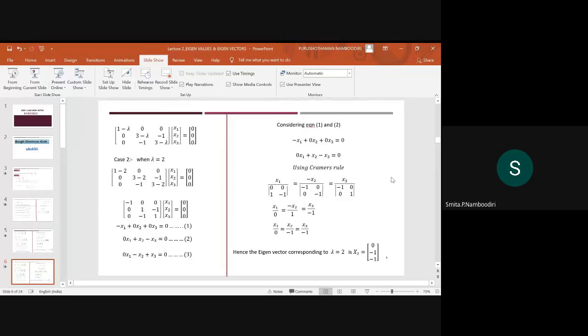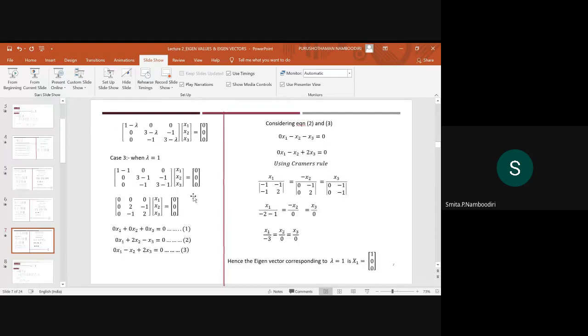So next we calculate for the next eigenvalue. Next क्या था eigenvalue? Lambda equal to 1. Lambda equal to 1.